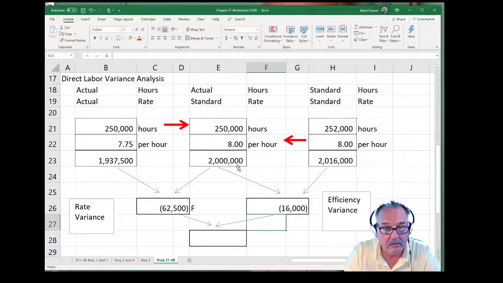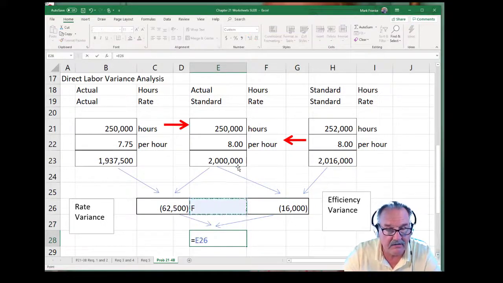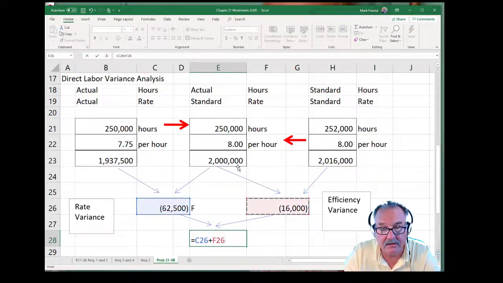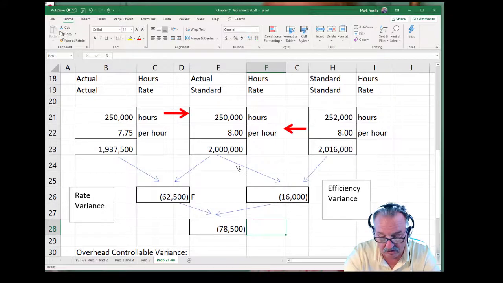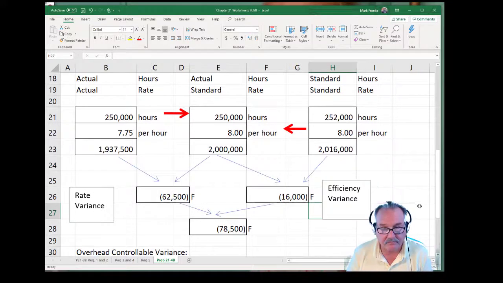And we also had an efficiency variance because we expected to spend 252,000 hours and we actually spent 250,000 hours. So we saved money because we used fewer hours, and we saved money because we got a cheaper rate. So both variances, the rate variance and the efficiency variance, are favorable.